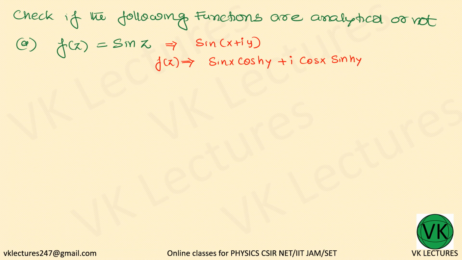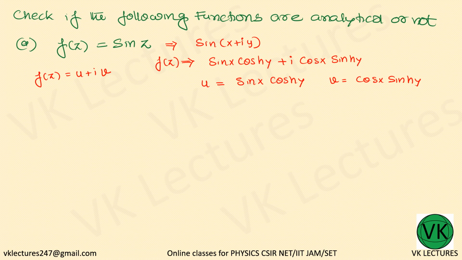Now if you write f of z equal to u plus iv, then u equals sin x cos hyperbolic y and v equals cos x sin hyperbolic y.